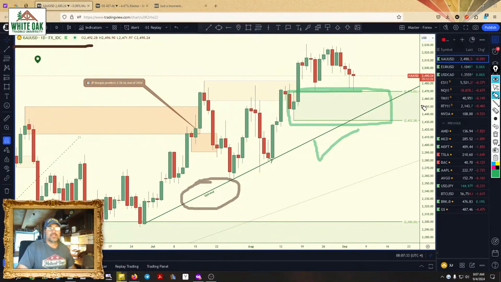So nice uptrend with a buying zone. Price has come into that buying area, and price is moving to the upside. So short-term momentum is telling me gold can go upwards, all right? Gold can definitely go upwards, but we have to be very careful because of these long positions reaching near maximum size.